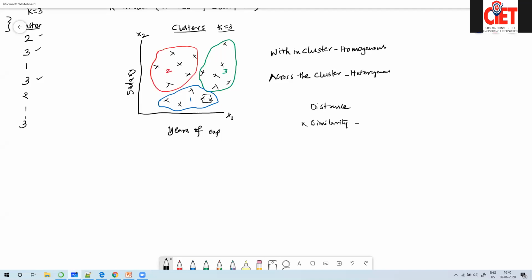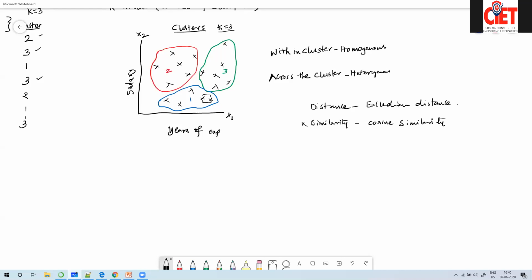But to give you an example, the commonly used similarity metric is called cosine similarity. The commonly used distance-based metric is Euclidean distance.